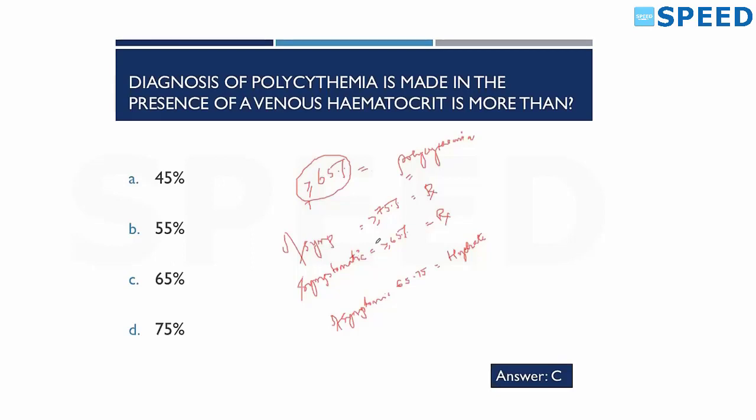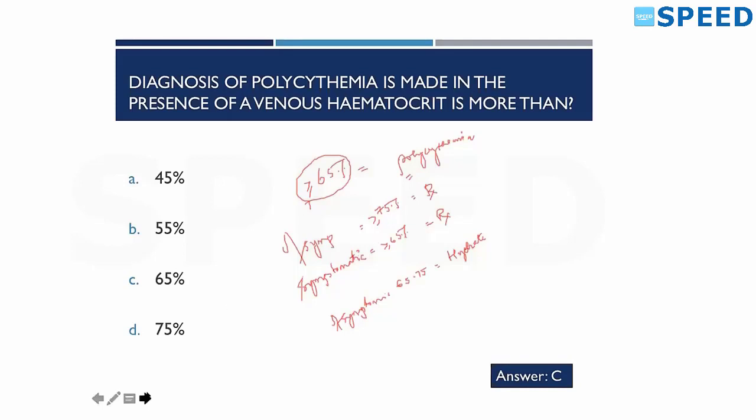In asymptomatic patients where the hematocrit value is between 65 and 75, you can consider hydration or monitor for the symptoms depending upon the patient's clinical condition. So this is in brief regarding the definition of polycythemia.